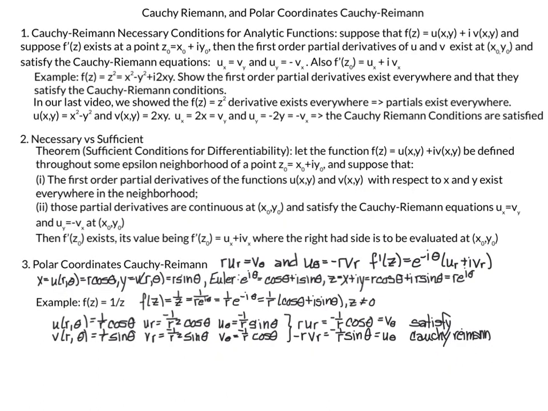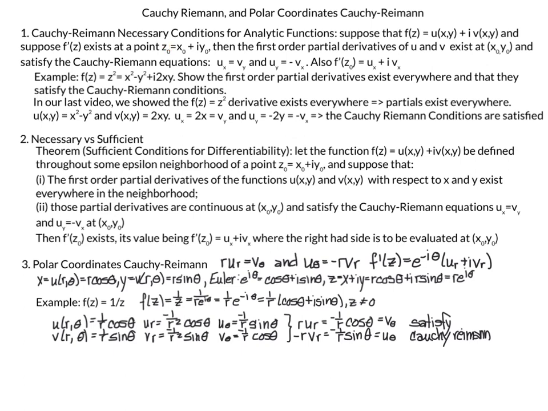To review what we had covered in this video, we talked about Cauchy Riemann necessary conditions for analytic functions. So we said, suppose we have a function f of z, which is equal to u of x y plus i v of x y, and further suppose that f prime of z exists at a point z naught.